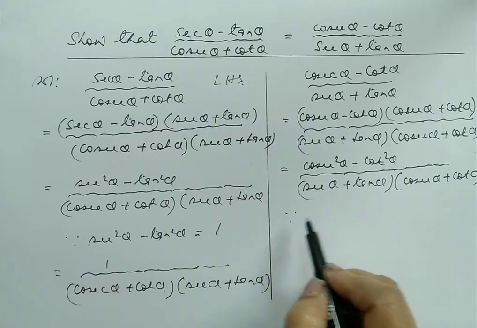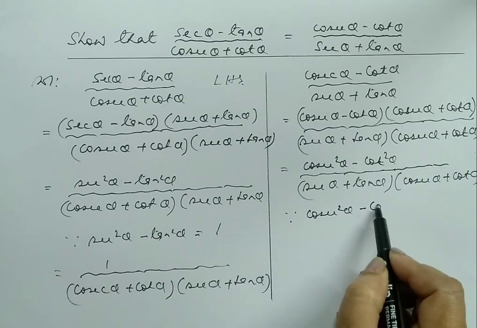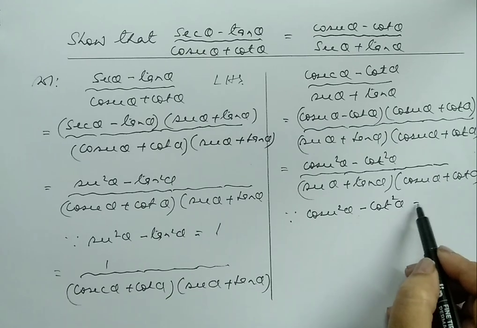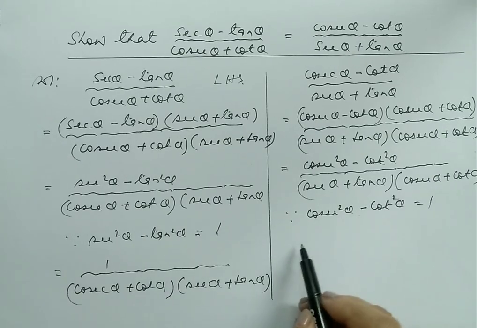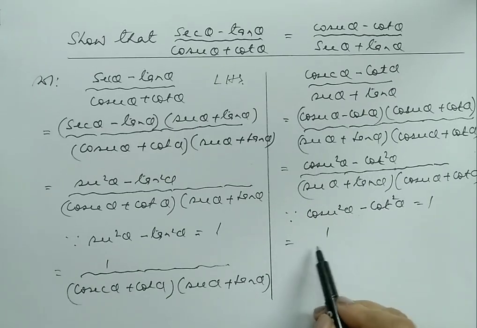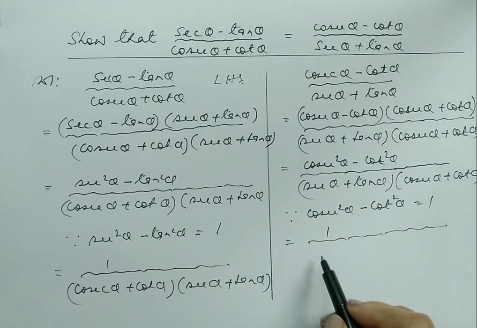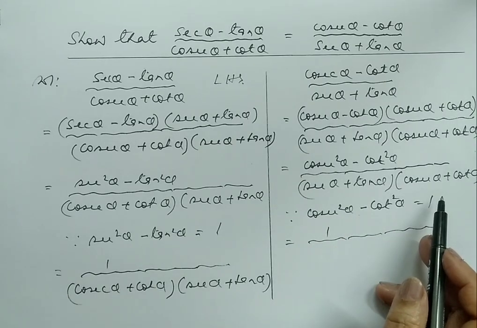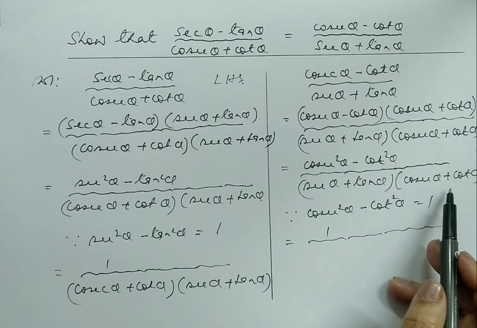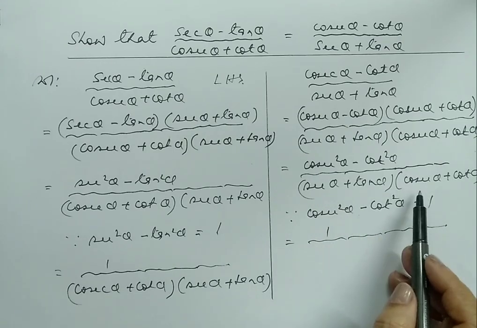Now, since we know that cosec square theta minus cot square theta is equal to 1, we get this as 1 and the entire denominator is to be written. Just that I will try and change the order of these two factors.